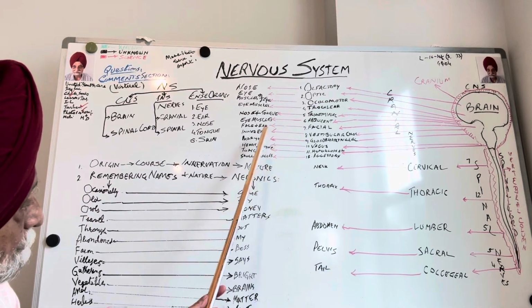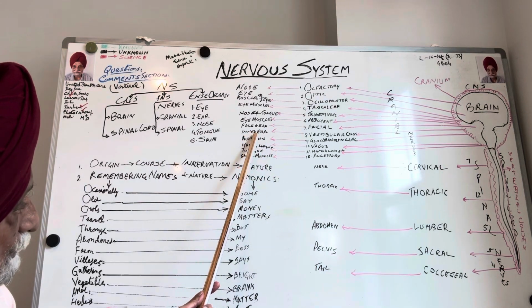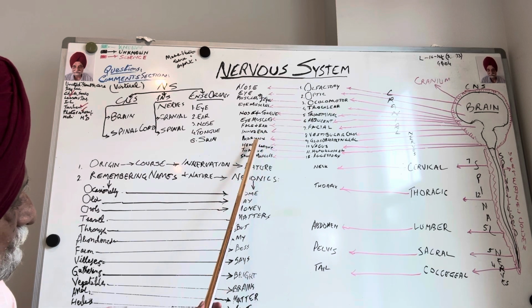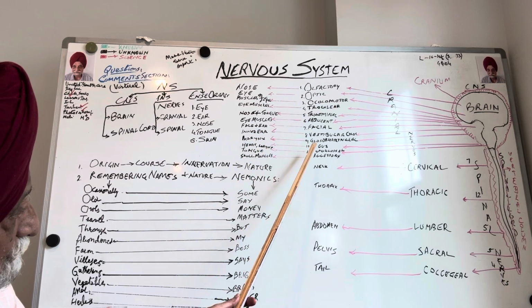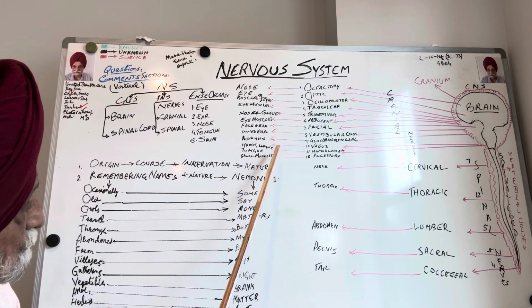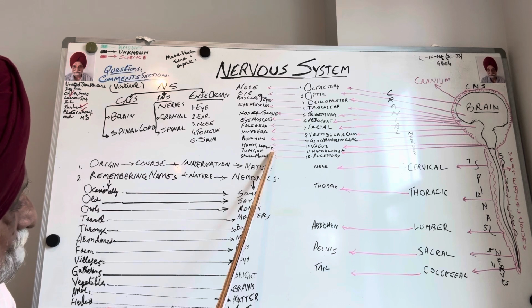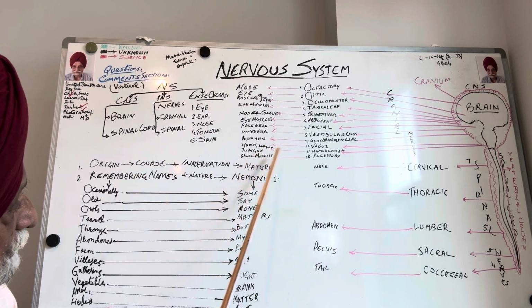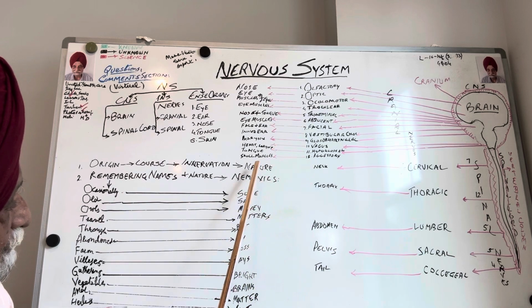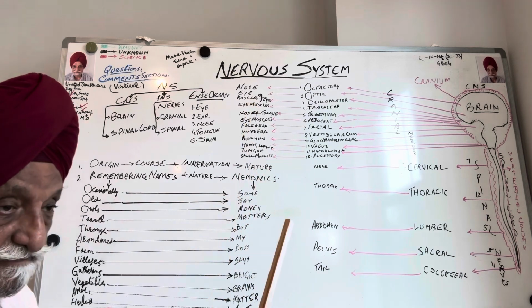Vestibular supplies the inner ear, which consists of vestibule and cochlea. And the glossopharyngeal to the pharynx, the vagus to the heart and larynx, the hypoglossal to the tongue, and accessory to the skull muscles.